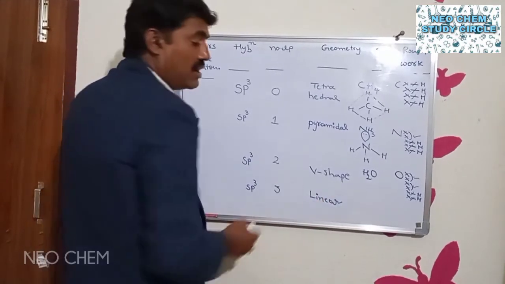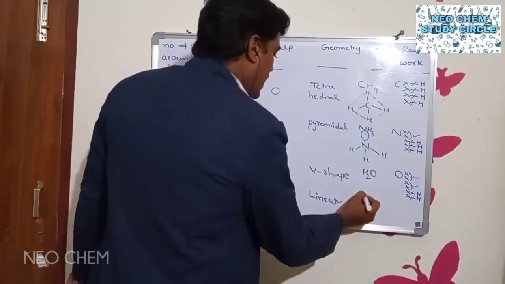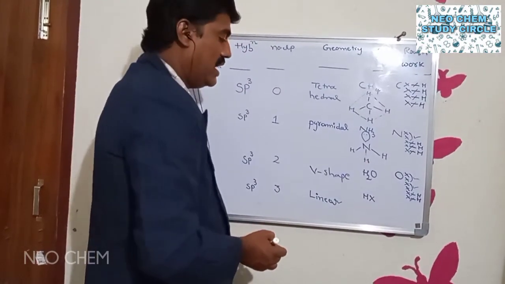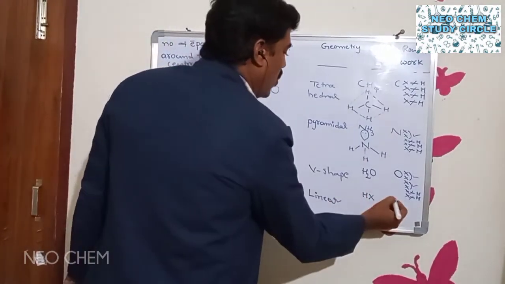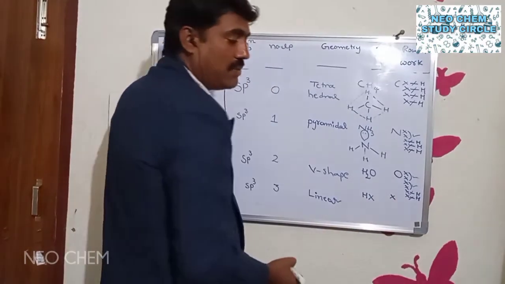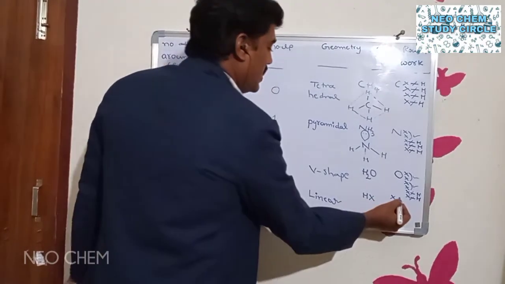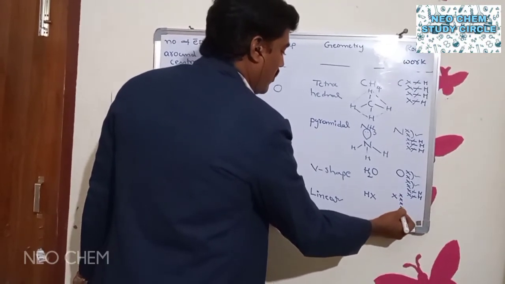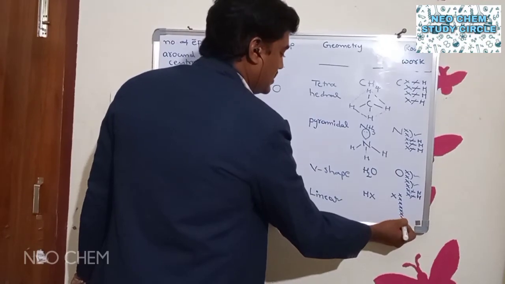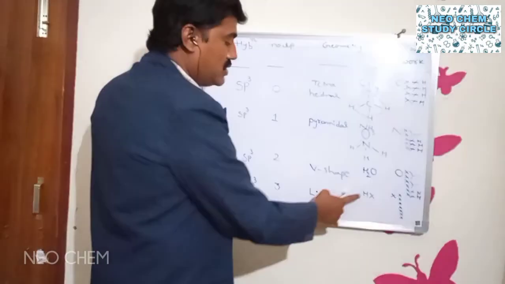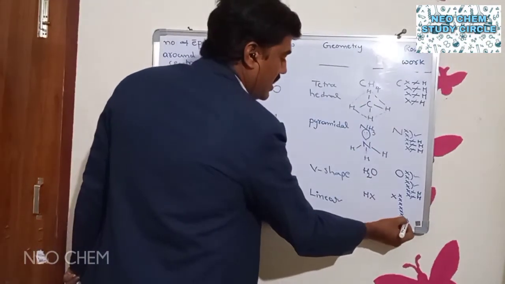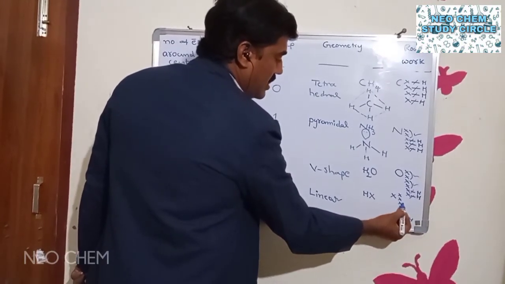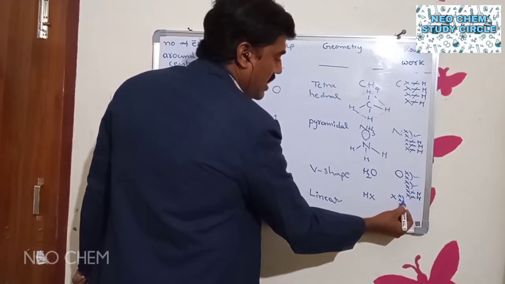Linear. For example, hydrogen halide, where the central atom is a halogen. All the halogens belong to the 7A group. So we should write 7 valency electrons like this: 3, 4, 5, 6, 7. There is only 1 hydrogen atom. So with 1 electron, 1 hydrogen. Then first electron pair, second electron pair, third electron pair.